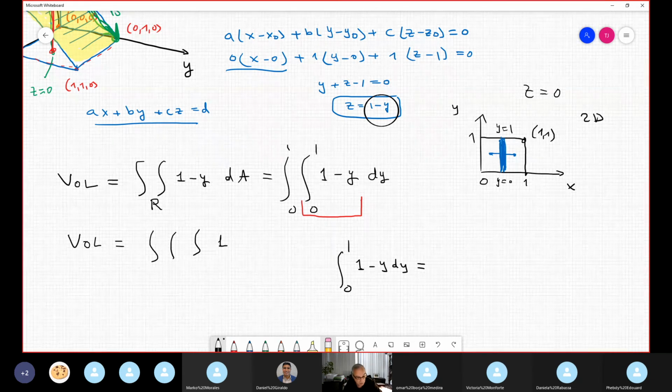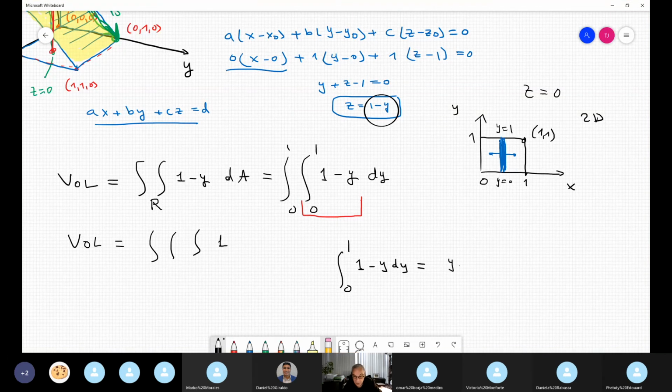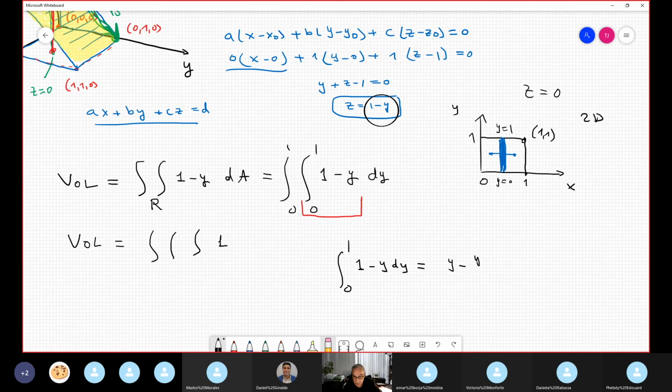Super easy, Calculus 1. The integral of 1 is y, the integral of y is y squared divided by 2, evaluating between 0 and 1. So this is 1 minus 1 half, which is 1 half.